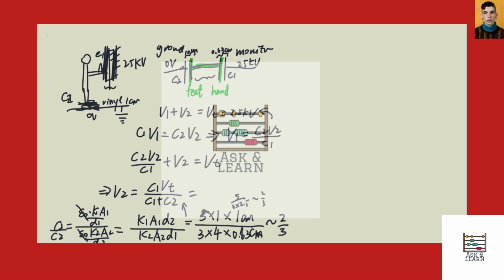So this is roughly 2 times 20 over 5. V total is 25 kilovolt. So this is around 10 kilovolt. So that is the voltage of the student with respect to the ground.